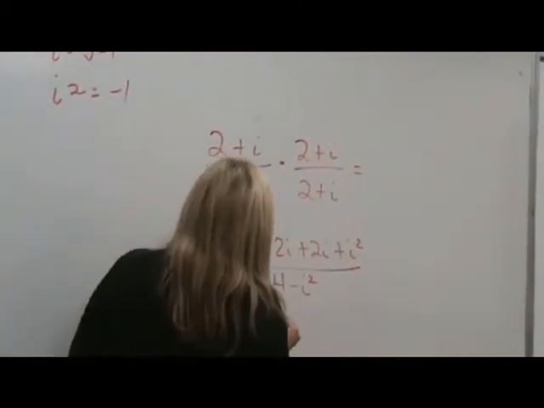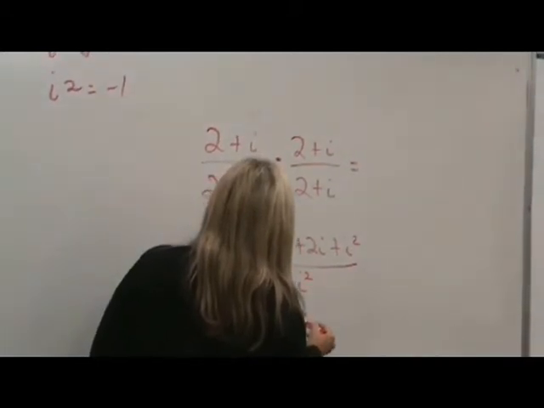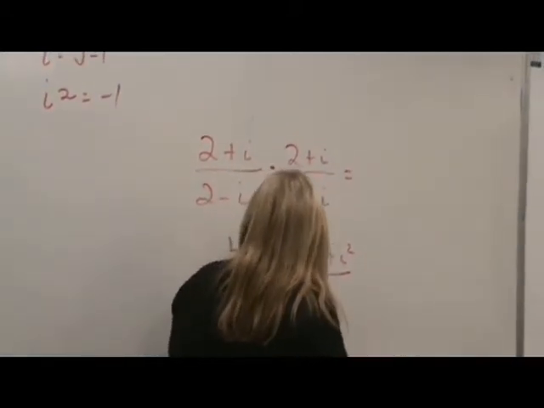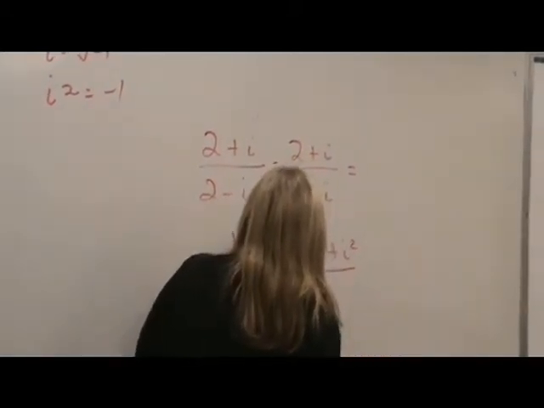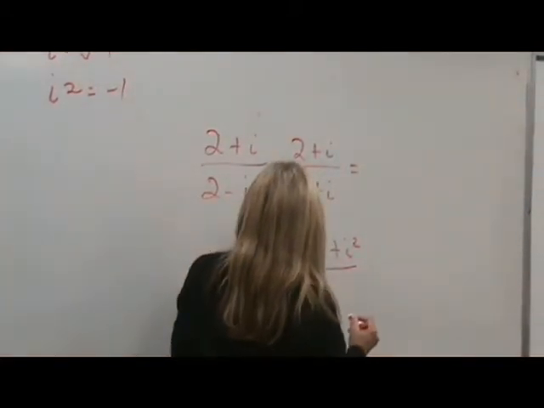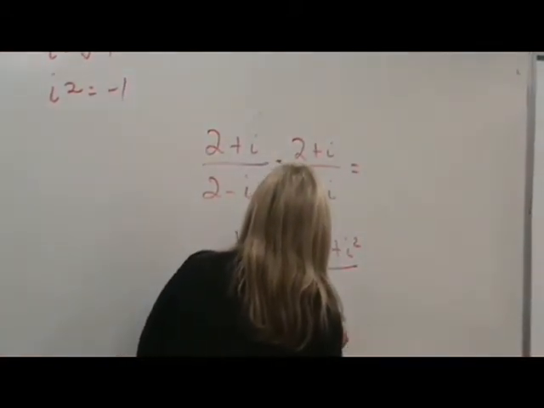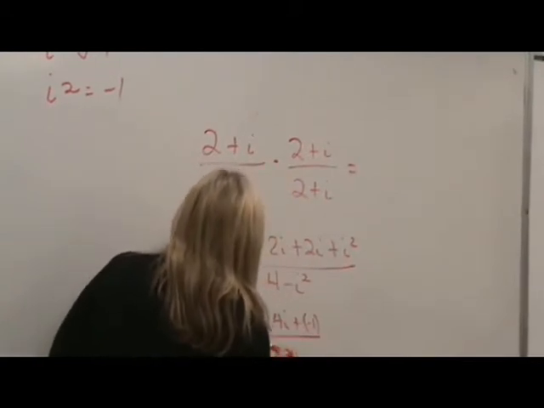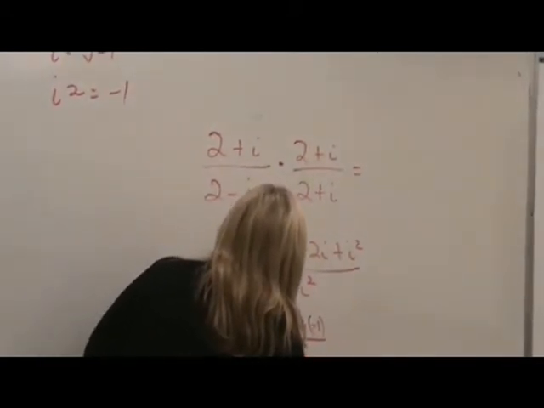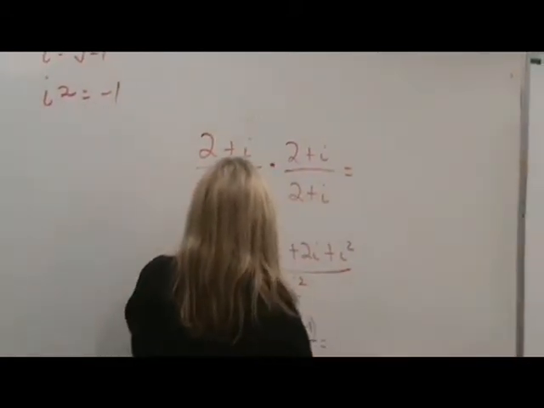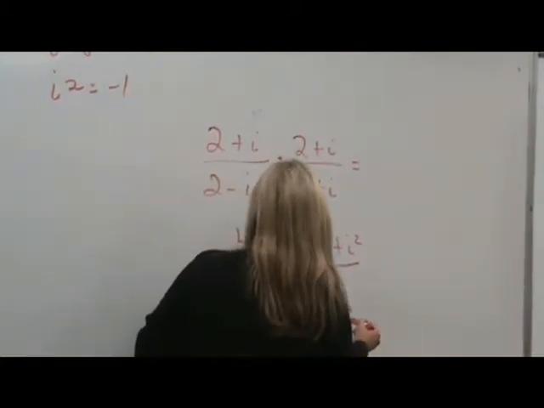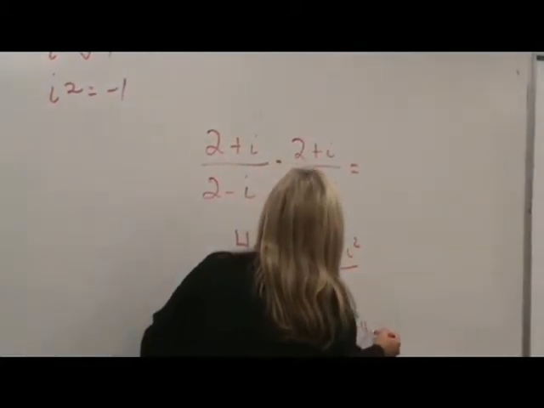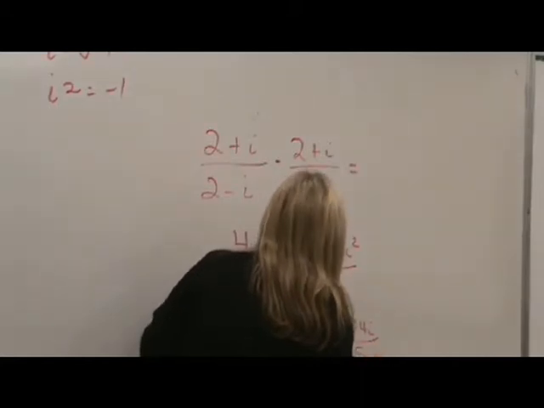So we'd end up with 4 plus 2i, 4i, yep, 4i minus 1. Because I'm going to go ahead and put that -1 there. And then we'd have 4 minus 1. So we'd end up with 3 plus 4i over 5.